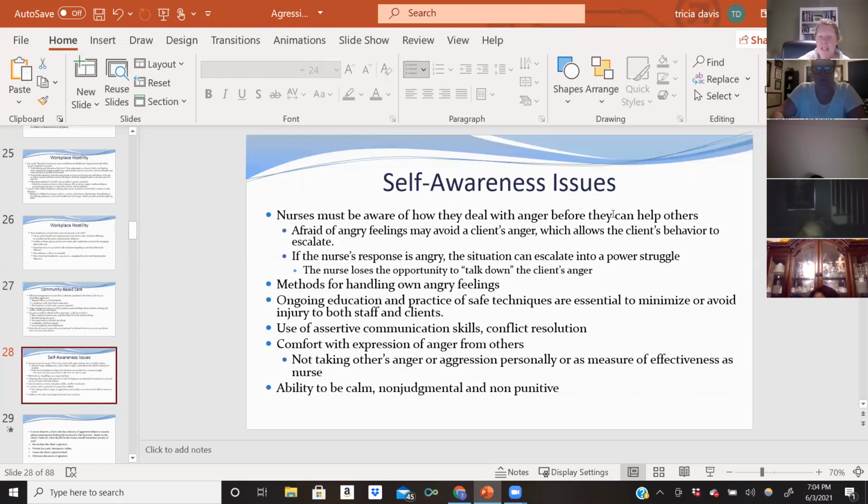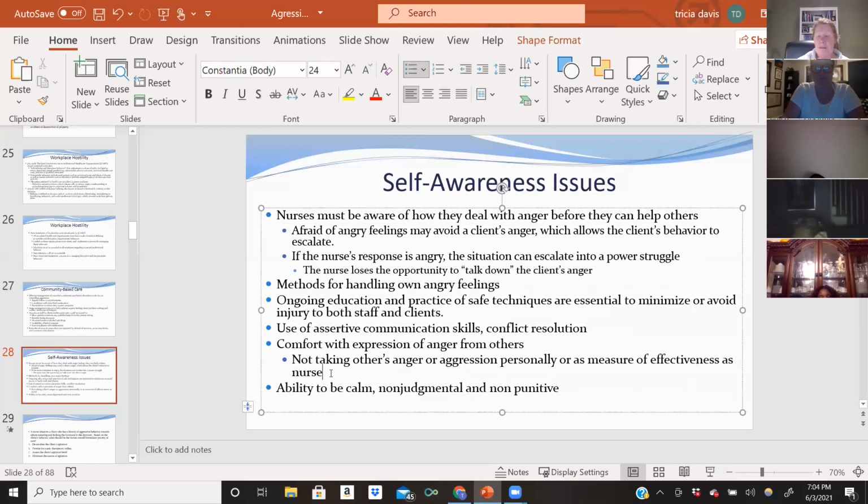You can't take it personally or use it as a measure of effectiveness as the nurse. Because the patient is angry and aggressive doesn't mean that you as the nurse didn't do what you were supposed to do. You can be doing your job exactly like you were trained to do, and the client still decided to be aggressive and hostile. You must have the ability to be calm, non-judgmental, and non-punitive.